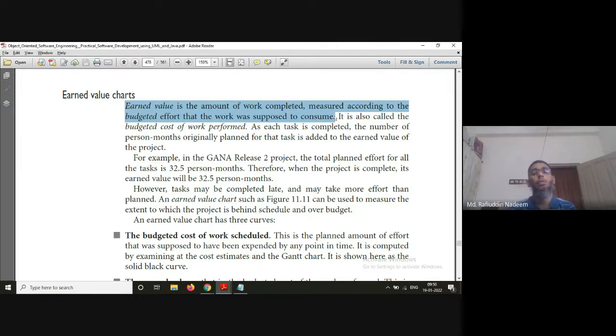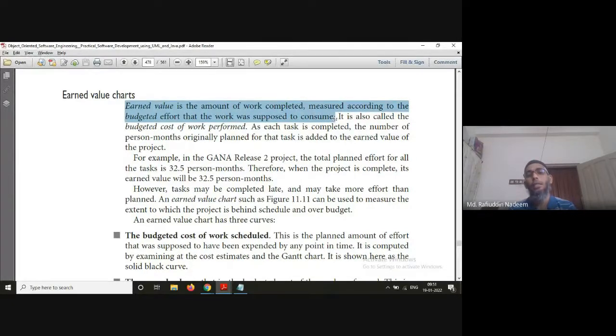Means how many people have been assigned, so how the budget is running, whether it is on track or not, it is going to specify. It is also called the budgeted cost of work performed.